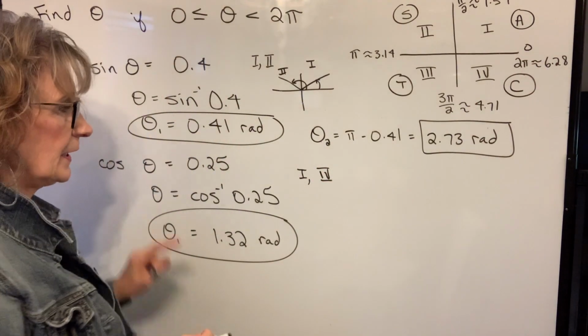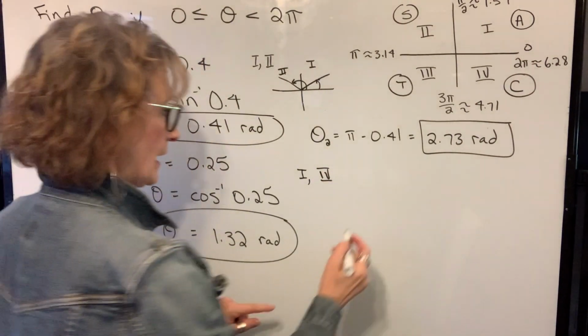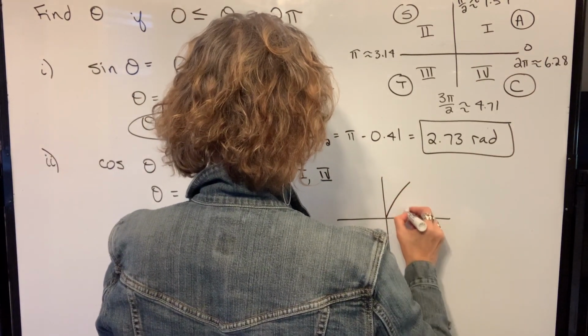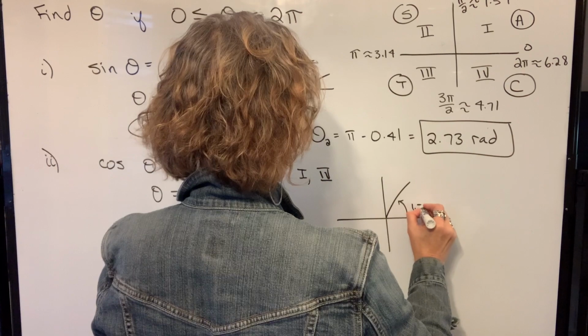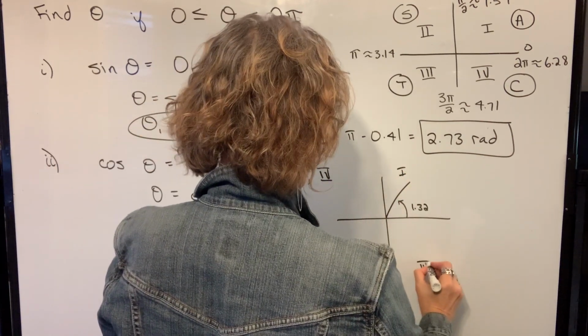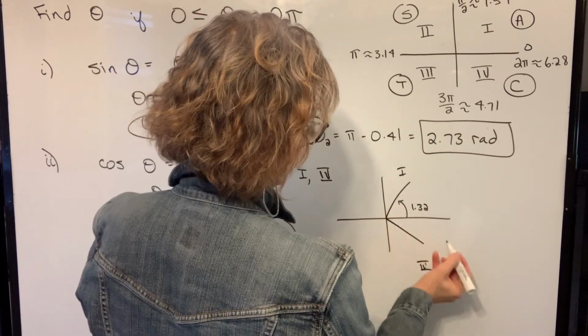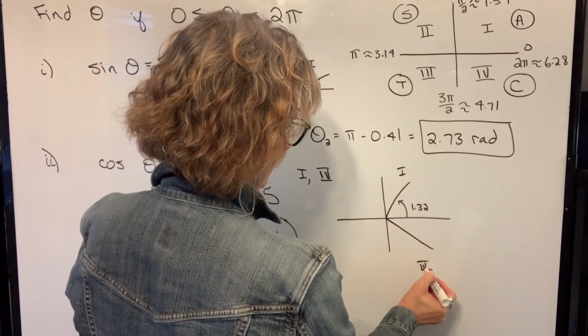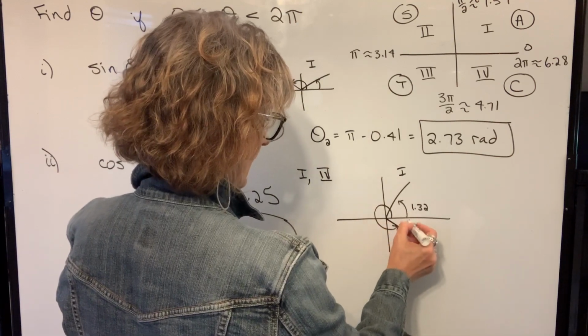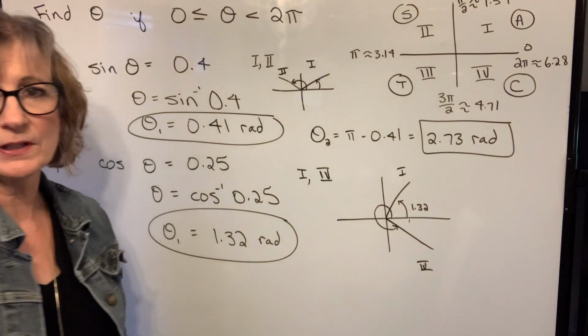So I want to find the other angle. If my rotation is 1.32 radians, to get my angle in quadrant 4, it's going to be 2 pi minus that amount of rotation from the horizontal.